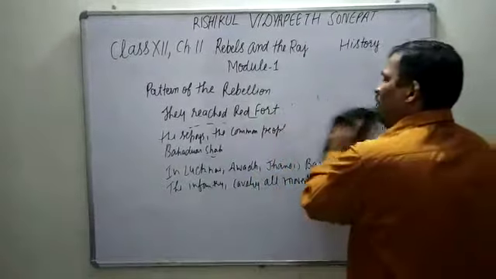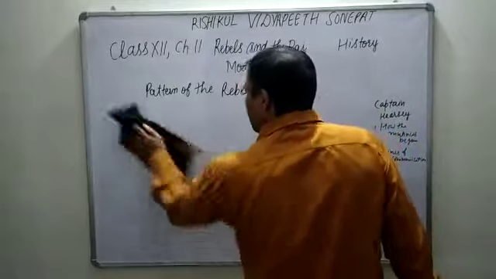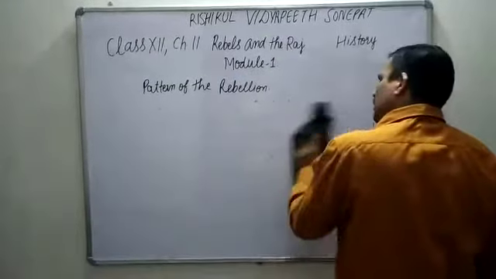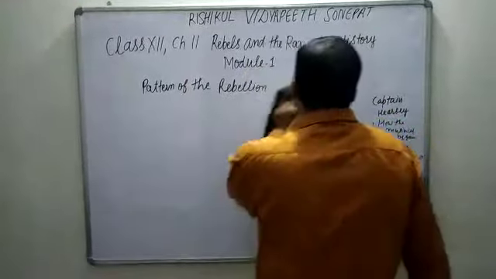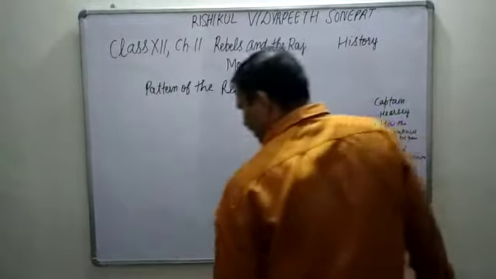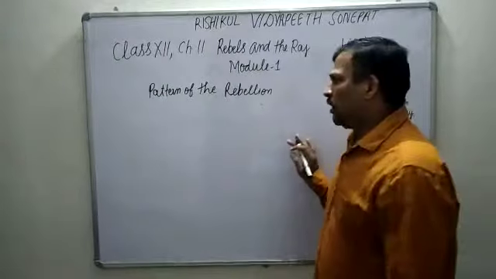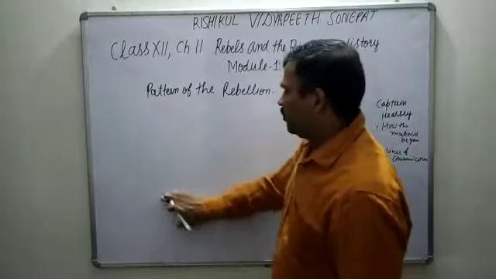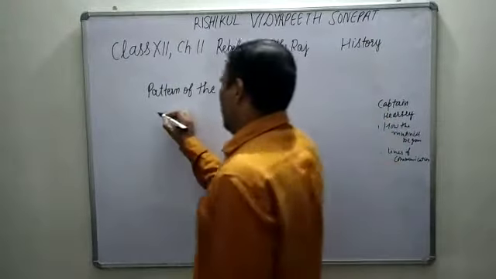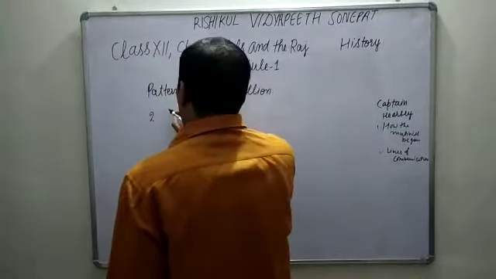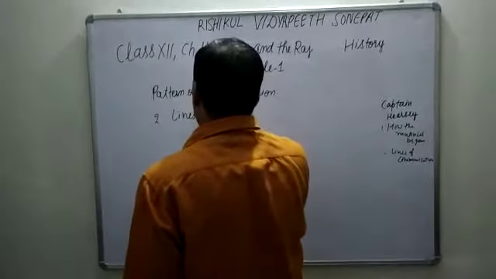Now, next thing, these leaders like Bahadur Shah Zafar, Kunwar Singh, Rani Lakshmi Bai, Tatya Tope, these were a few of the leaders. Now, the second thing that we will be discussing is lines of communication.